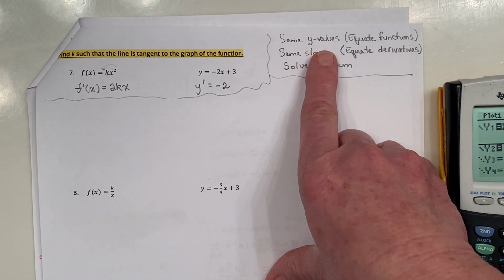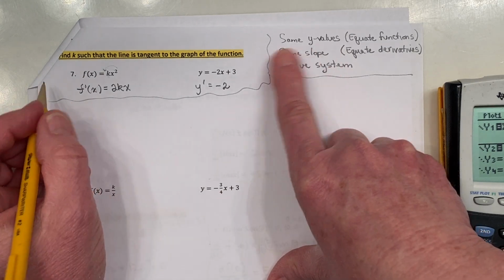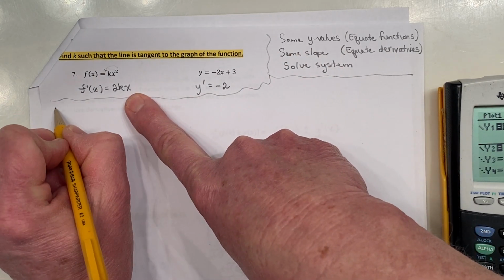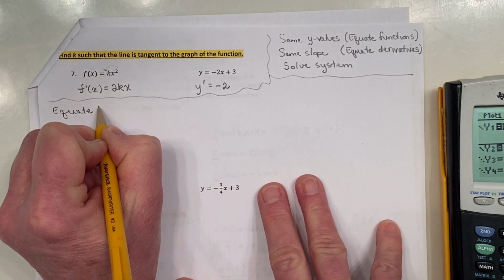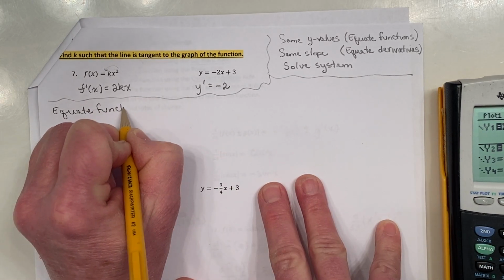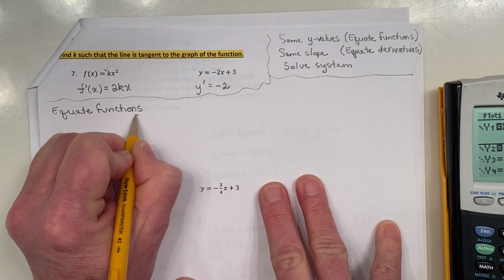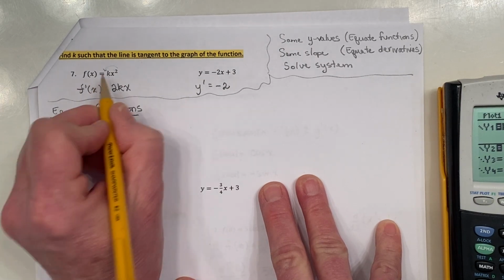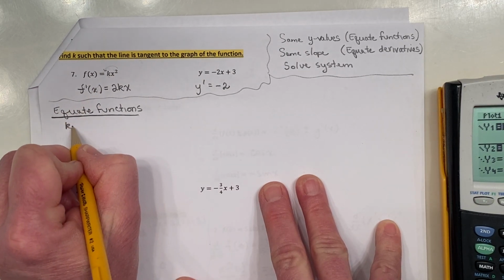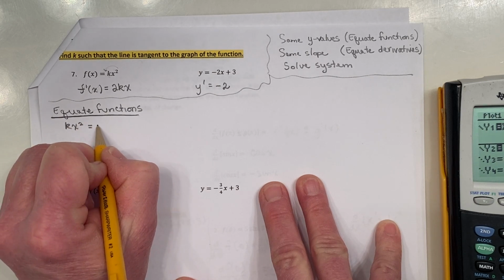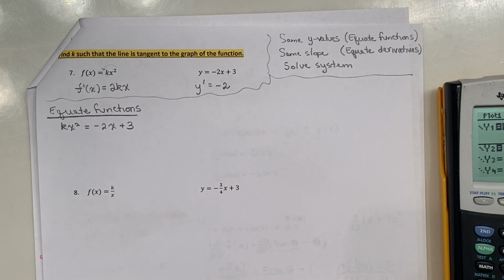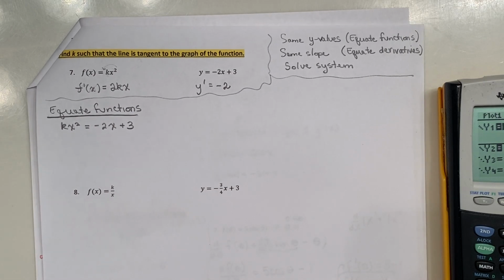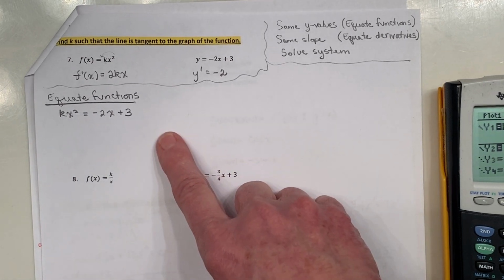All right, so let's set the equations equal to each other. So let's do that first. I'll put a note what we're doing. We're going to equate functions. So let's set kx squared equal to -2x plus 3. Well, we didn't get a lot from that, so let's move on to the derivatives.